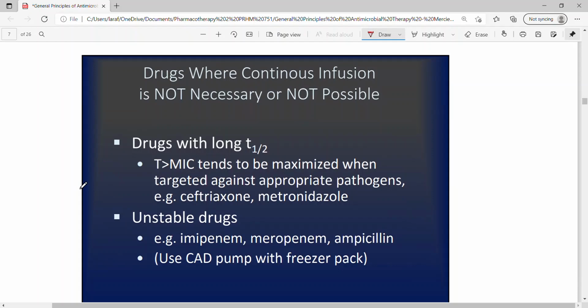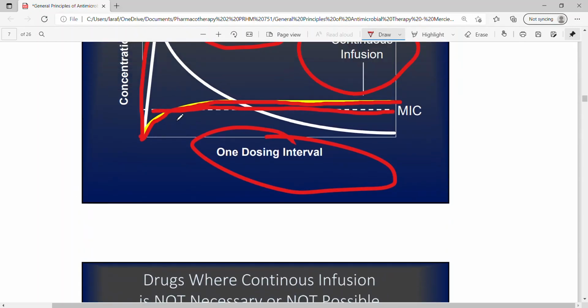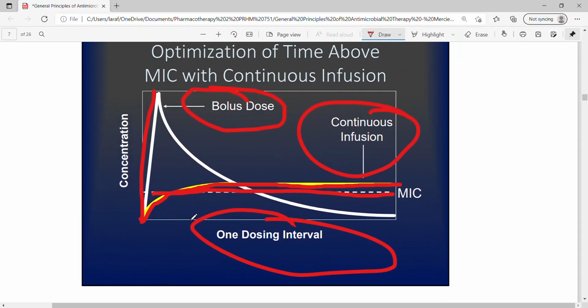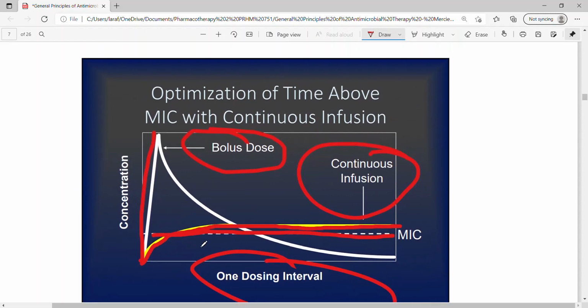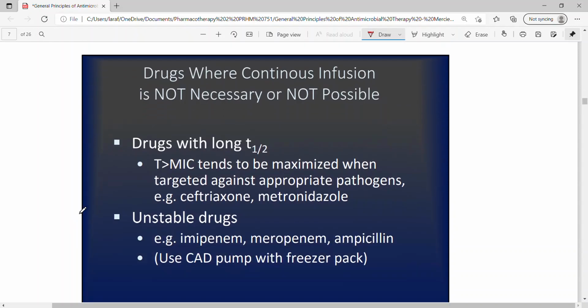Remember, you got to keep it above the MIC at least 50% of the time or more. In this case, it's almost 100% of the time if you exclude this infusion period in which it reaches concentration or MIC. And then you continue on. Alright, so next slide.